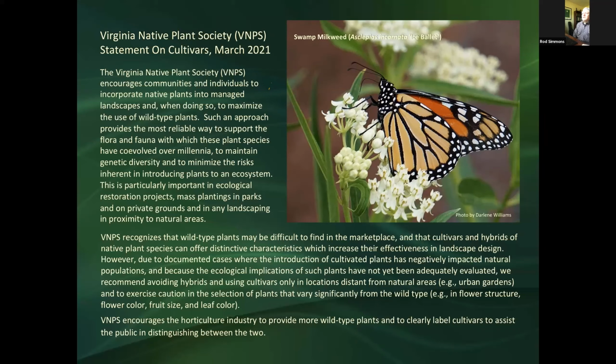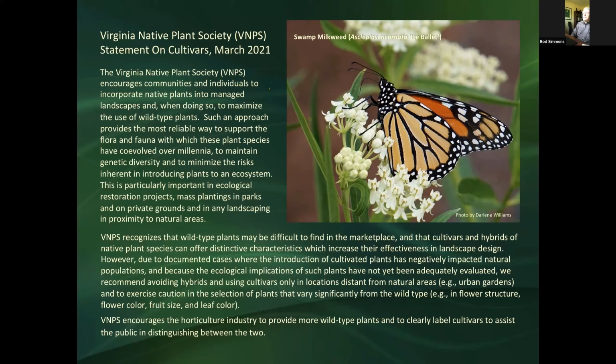We have a couple up here in the DC area that have been doing it for a long time, very successfully. Earth Sangha is one of them, and the other is Chesapeake Natives Nursery in Maryland. And then Ernst Seed in Pennsylvania goes around the eastern United States and collects local ecotypes of seed to grow.